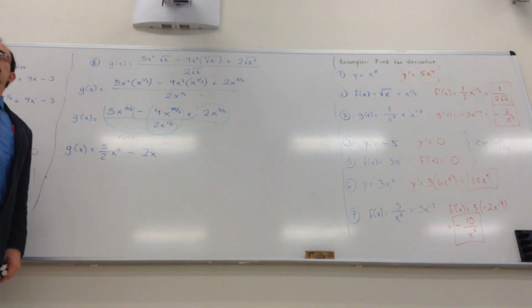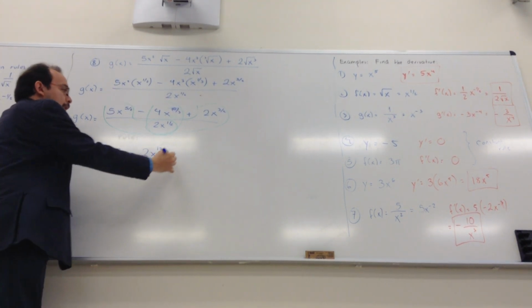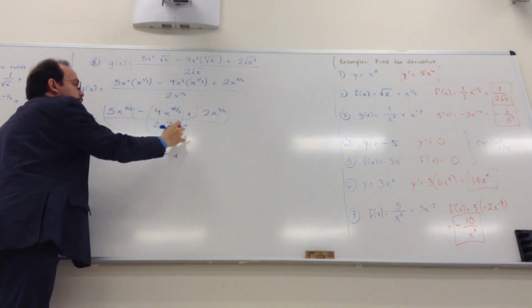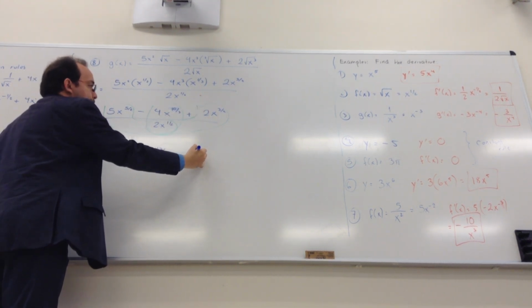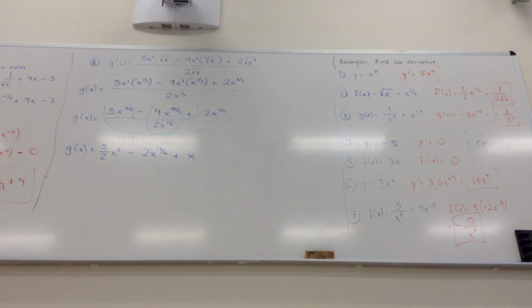What? 17. 17 what? Over 6. Yes. Plus 2 over 2 is 1, x to the, just x. Yeah? Now I finish simplifying. Okay?